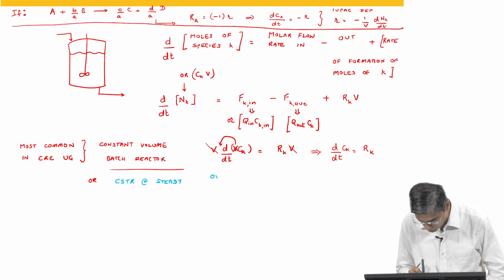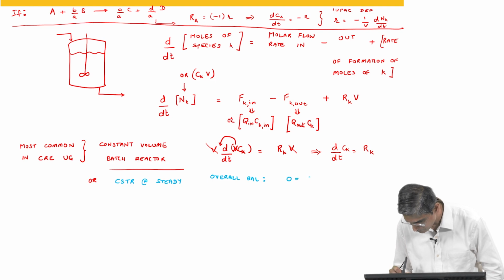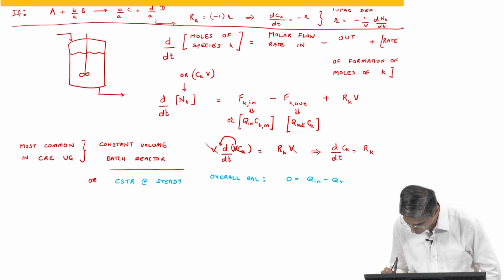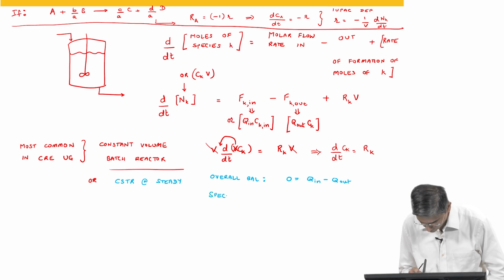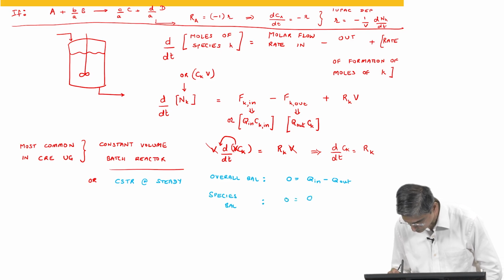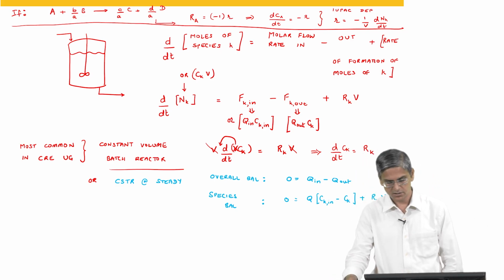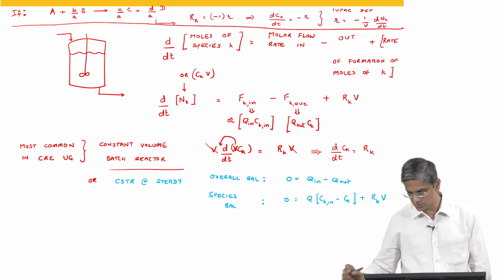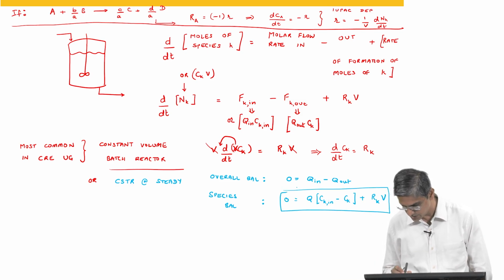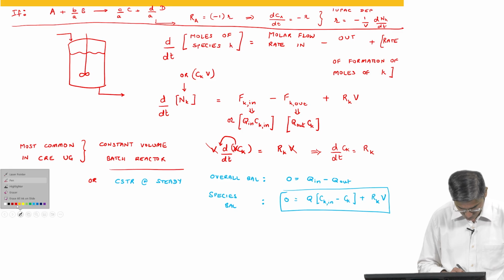So, this is the overall balance for CSTR, the balance that you might have used before for a batch reactor.